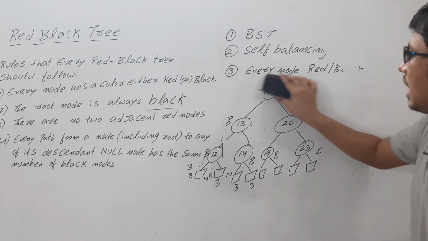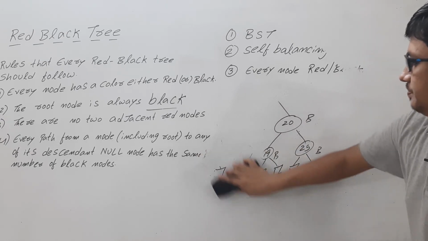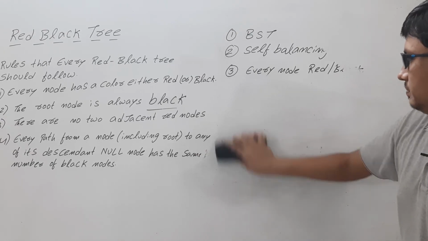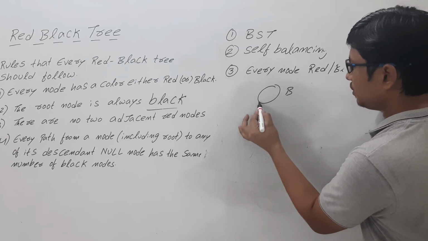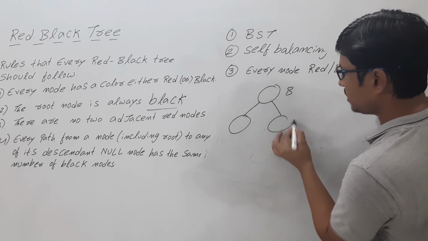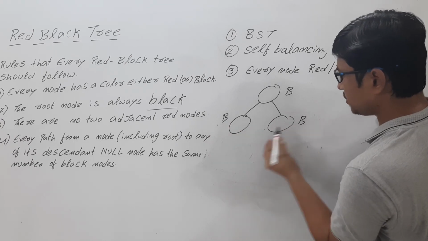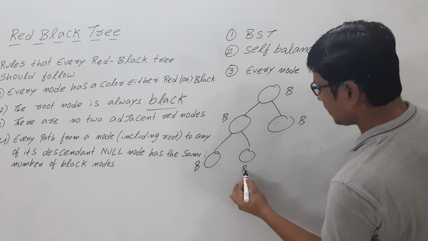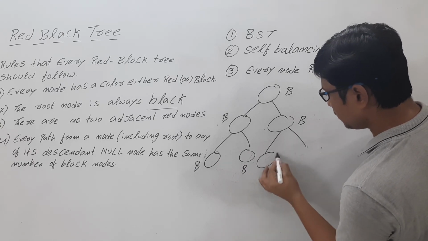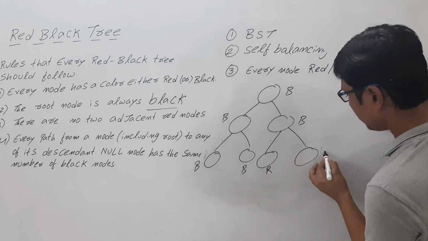Suppose let me give an alternative example for it. Suppose you have a black node which is a root node. Here also you have a black, here also you have a black, black and black. Here you have a red node, here you have a black node.